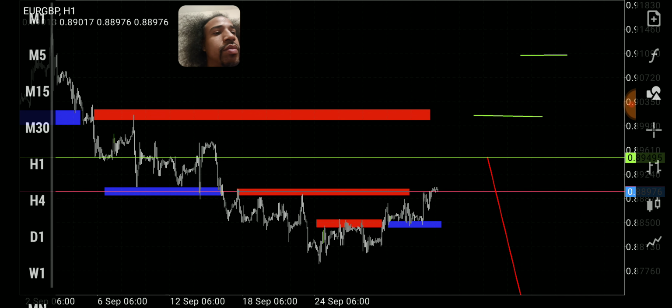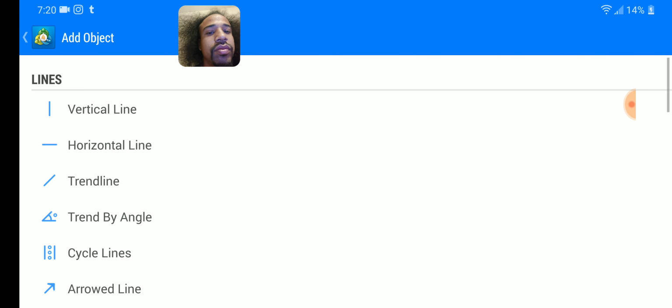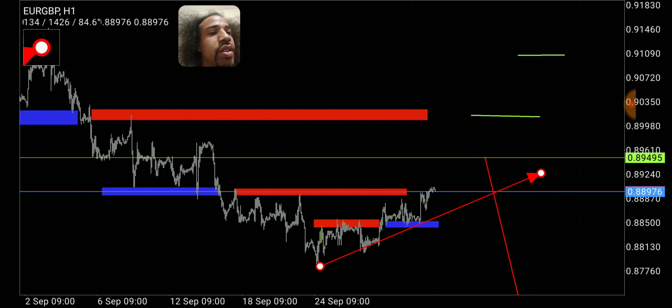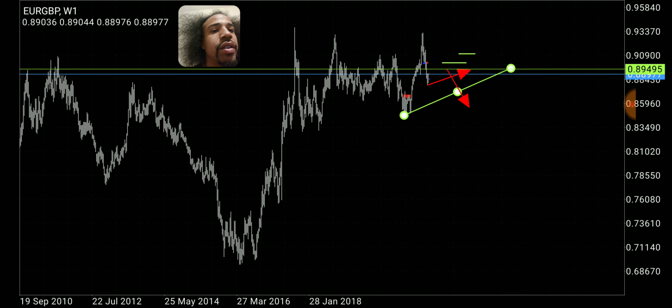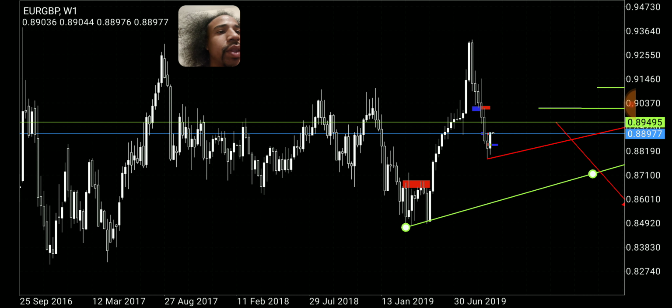Price to continue up into these higher levels. I want to see what it does at that 895. Right at 895 is where I like to see what price does. And we can go a little bit deeper if we wanted to check out the weekly. Weekly definitely showed a bearish sign.